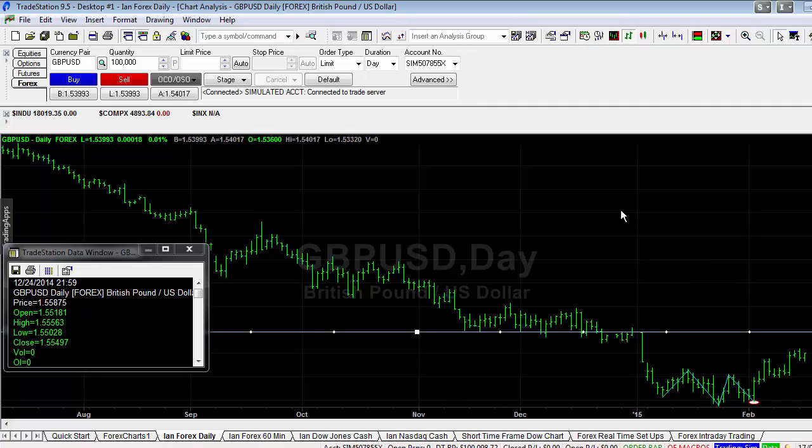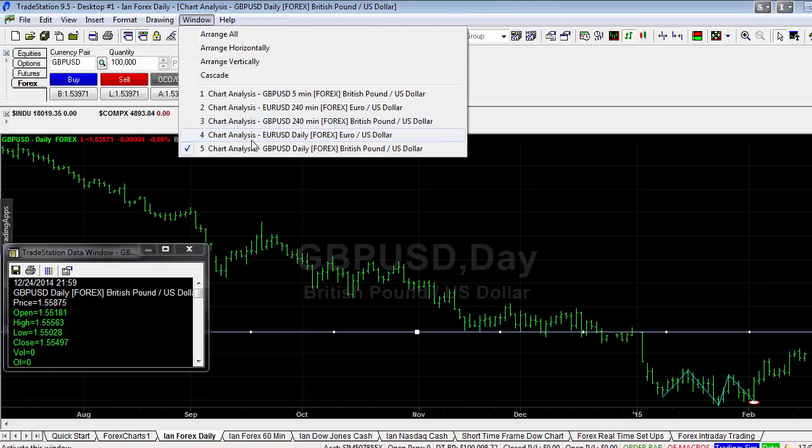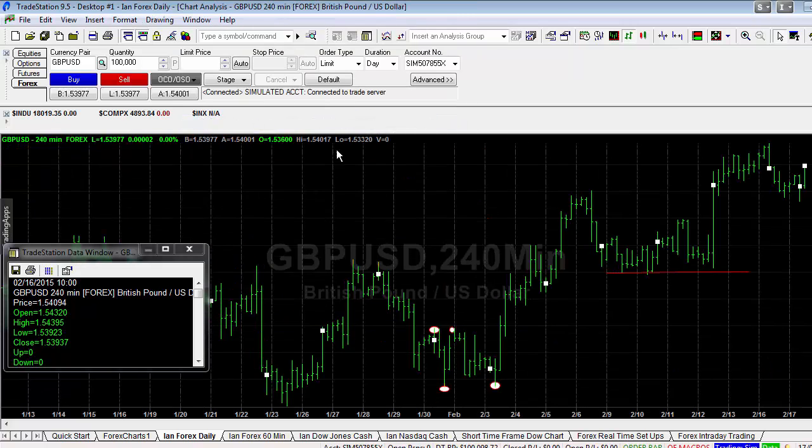Again, just to flick over to a shorter time frame chart, we're going to go to a 240 minute, which is a 4-hour chart, which quite a lot of analysts like looking at. And we can see, based very much on the vertical bar trading pattern, where we've made higher highs and higher lows. Again, this relates to what you could see in the daily time frame, but you can see it far more clearly on a 240 minute chart, 4-hour chart.